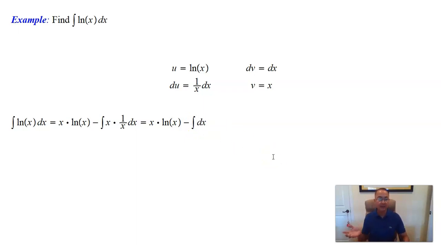Well, we said earlier that the integral of dv is just v. The integral of dx is simply x. So this is simply going to be x ln of x minus x. And of course, we can put the plus c right there.